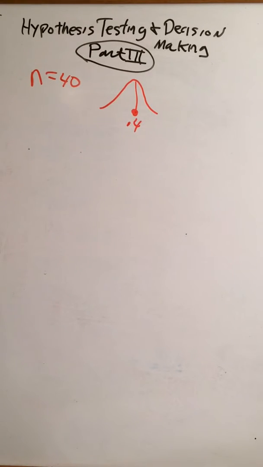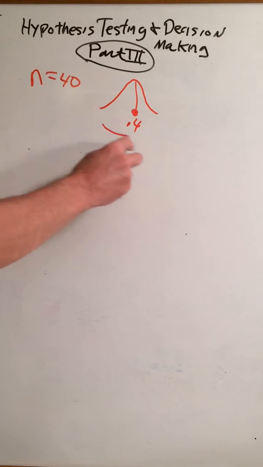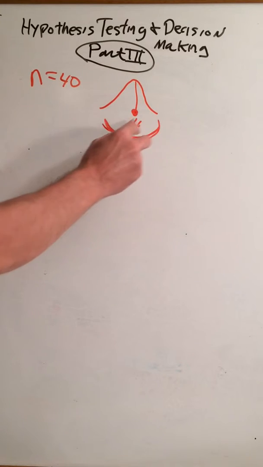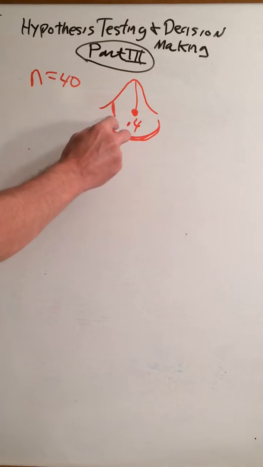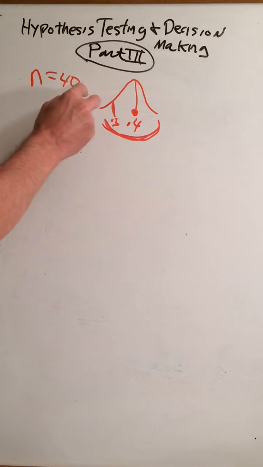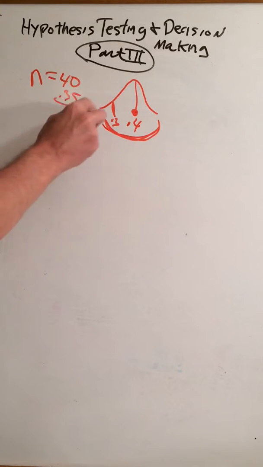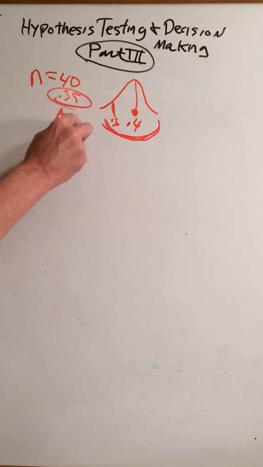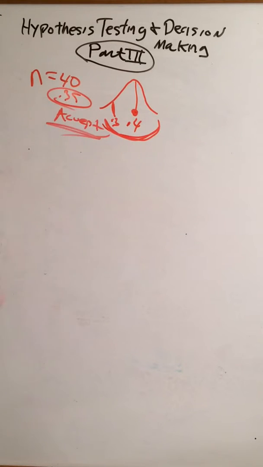We went through all this in the first 2 videos, just quickly recapping so you can refresh yourself. We rejected at a level of less than 0.3. We did a sample and we got 35%, so we accepted.